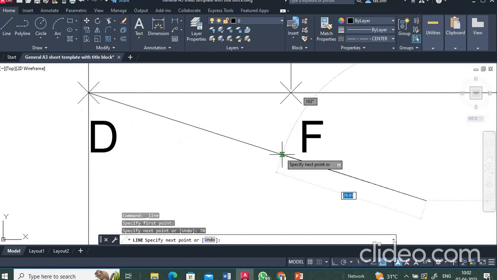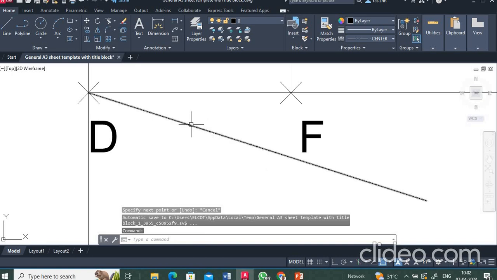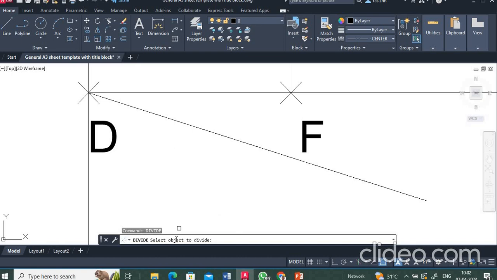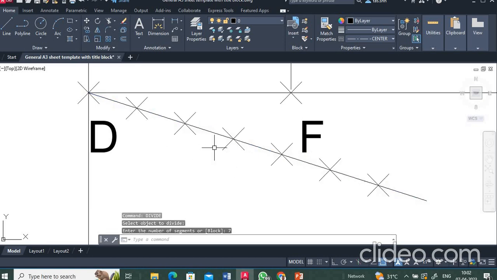Okay, 70 mm. Then I use the compass, taking 10 mm, and cut 7 arcs. That is what I mean here: divide this into 7 parts. So 1, 2, 3, 4, 5, 6, 7.